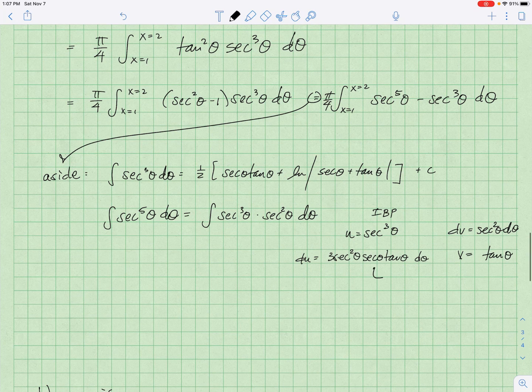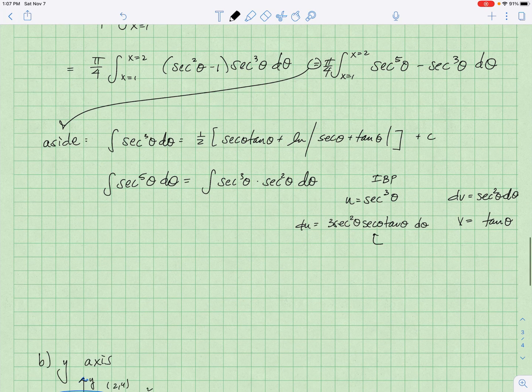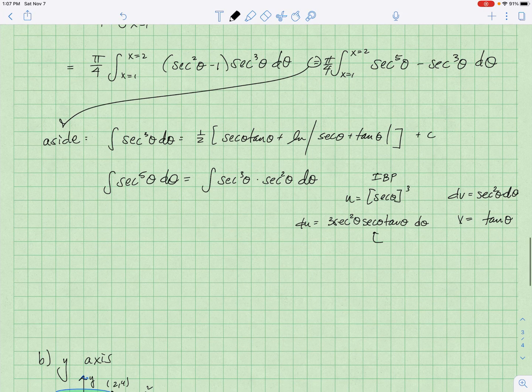If you're a little lost here, I used the chain rule. I really treated this as the secant of theta cubed. And then if we clean this up a little bit, this is 3 secant cubed theta tangent theta. Let's make that look like an actual cube.